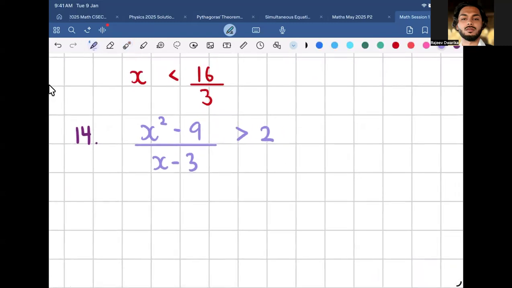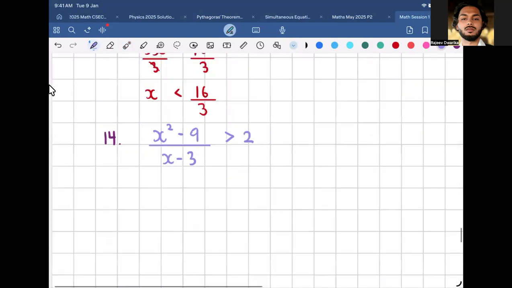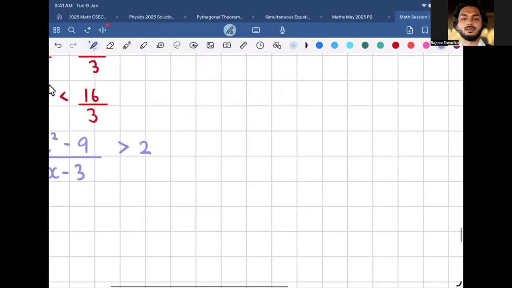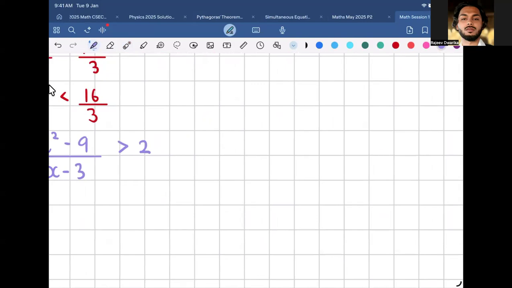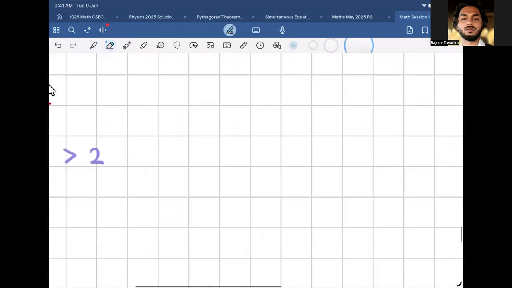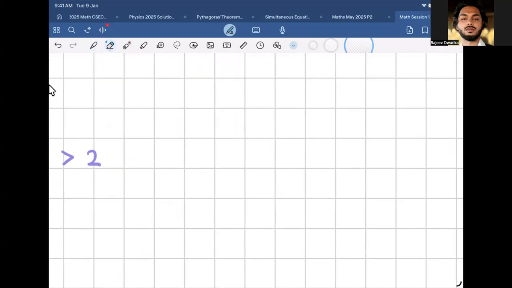So Sheena, if we want to use the difference of two squares, it needs to be in what form? Were you listening?